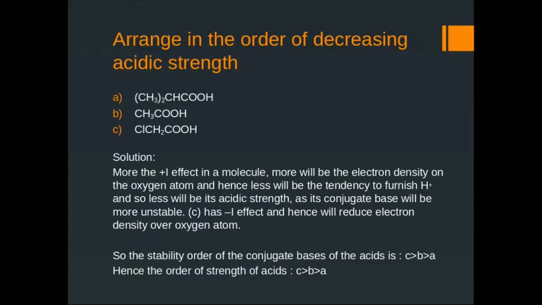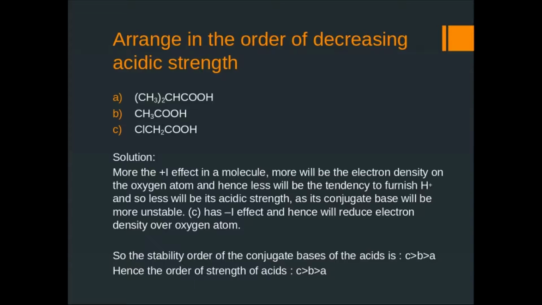Since oxygen is also electronegative, it will try to regain its neutrality, and so it will break the OH bond to release the hydrogen ion. So there is maximum possibility that hydrogen ion will be released from chloroacetic acid, and so it has the highest acidity.